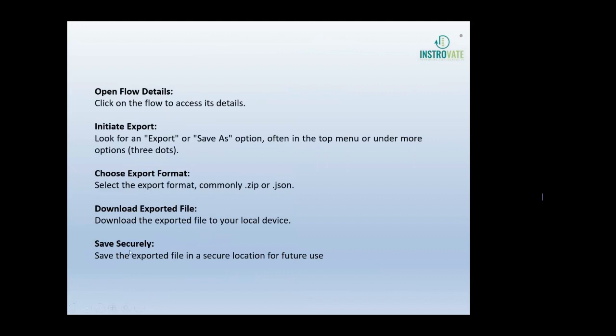Now here you can see how you can export it, like click on the flow to access its details. You can look for an export or save option, often in the top menu or under more options like the three dots, and you can choose the export format. You can download the exported file, and you can save the file you have exported.